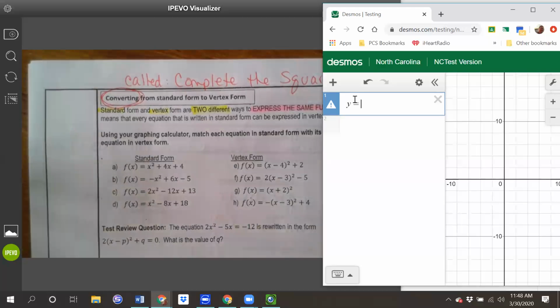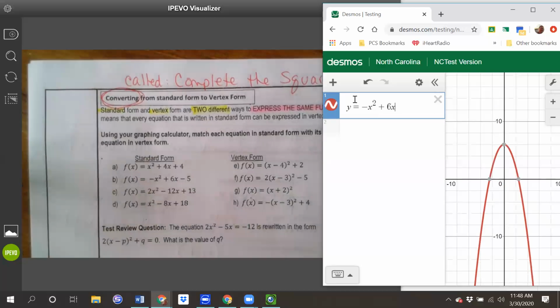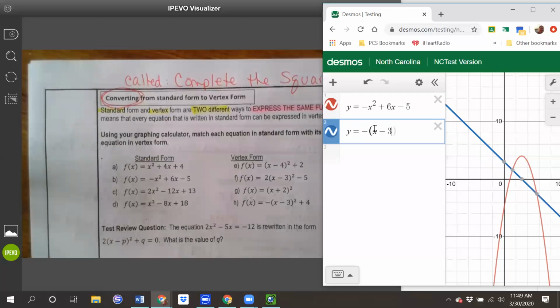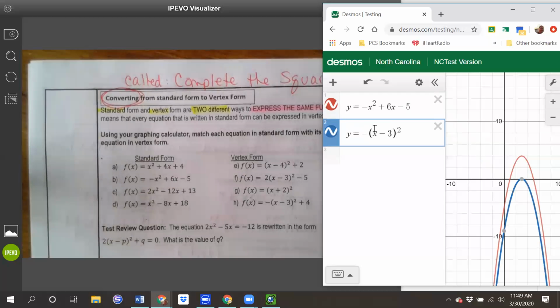So I am doing B, which is negative x squared minus 12... I lied to you. I looked at the wrong one. Plus 6x, and then minus 5. And then I'm going to compare that to H, which is y equals negative parentheses x minus 3, squared, plus 4.